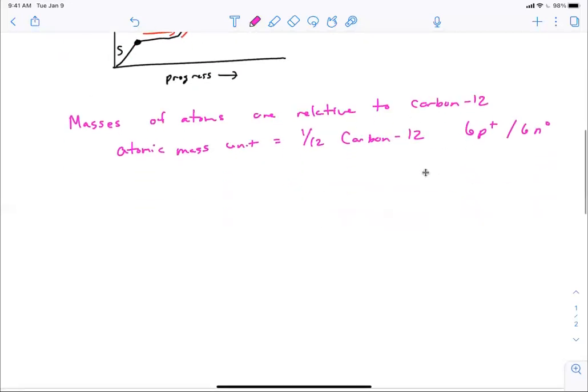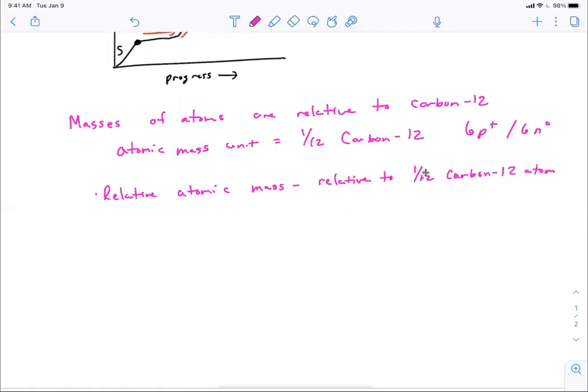This is why we call it the relative atomic mass, because it is relative to 1/12 of a carbon-12 atom.